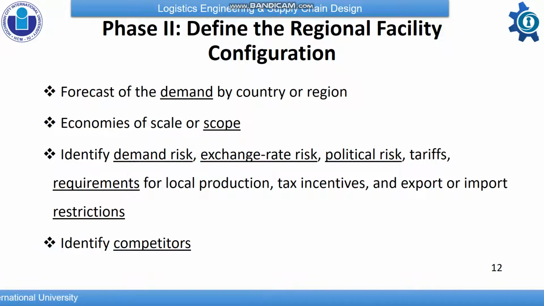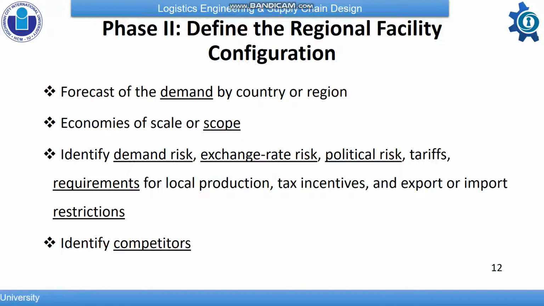So if the economies of scale or scope are significant, they will prefer to have a few facilities with higher capacity, like the example about the computer chips I gave you earlier.